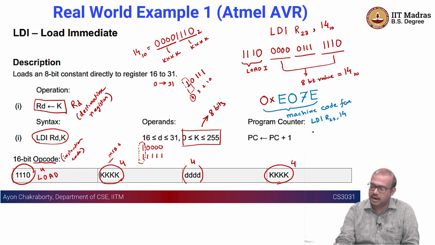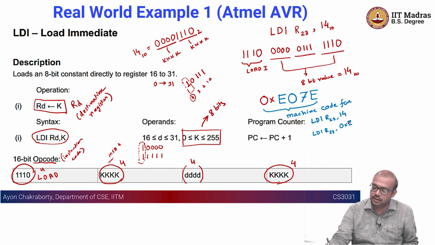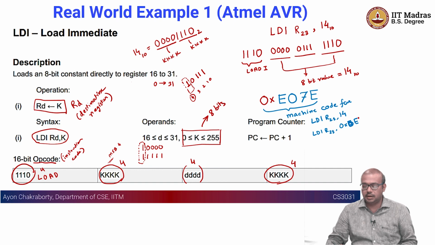Okay, or you can write LDI R23, 0xe. Same thing. Okay, so rather you should write 0x0e because it is going to support 8 bits. So ideally you should provide 8 bits, right? Where the first 4, like most significant 4 bits, is 0, right?